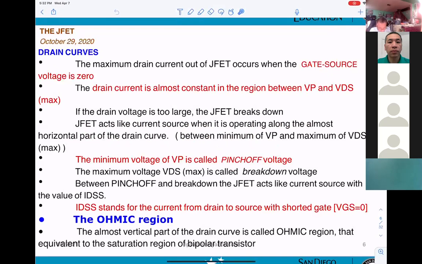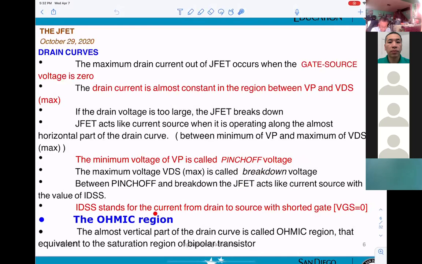The maximum voltage VDS max is called the breakdown voltage. So basically the constant current starts from VP up to the breakdown. Between the pinch-off and the breakdown, the JFET acts like a current source with the value IDSS.